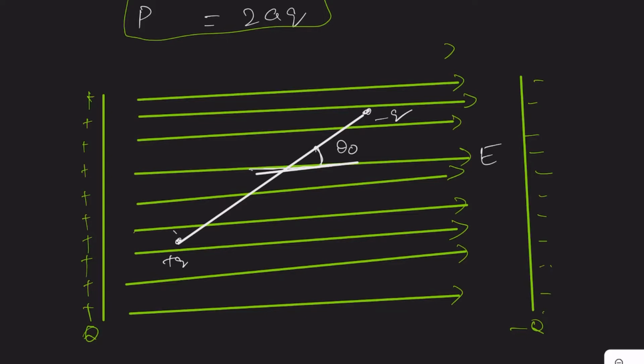See, plus q is repelled by the positive plate along this direction, and simultaneously attracted by the negative plate along this direction. Similarly, minus q is attracted by the positive plate along this direction, and simultaneously repelled by the negative plate. So due to electric field, two opposite forces act on the dipole.